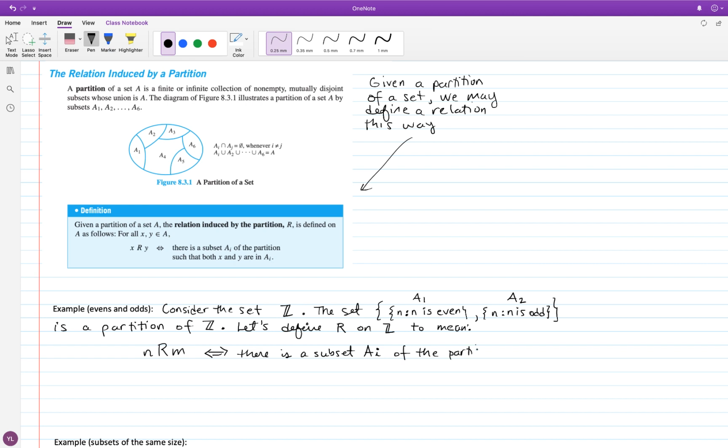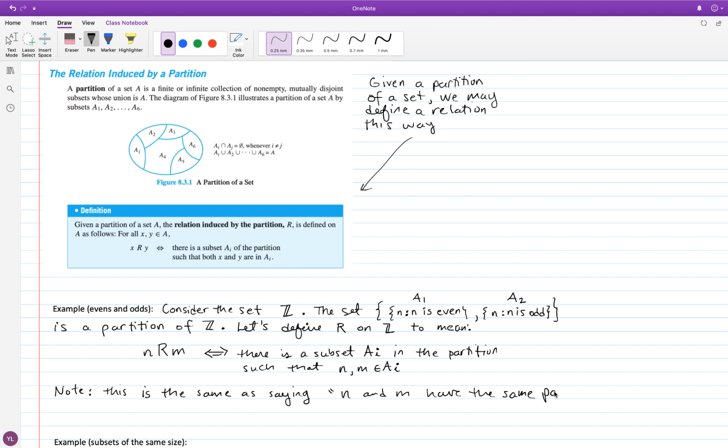This relation is precisely the same thing as saying n and m have the same parity, or n and m are congruent mod 2. It's a familiar idea that we've seen before. But as we'll see later, defining this relation in this way actually makes R have the reflexive, symmetric, and transitive properties. In other words, R will end up being an equivalence relation.